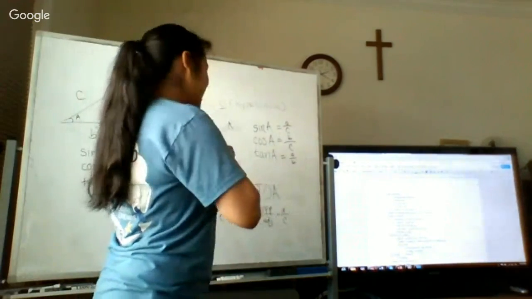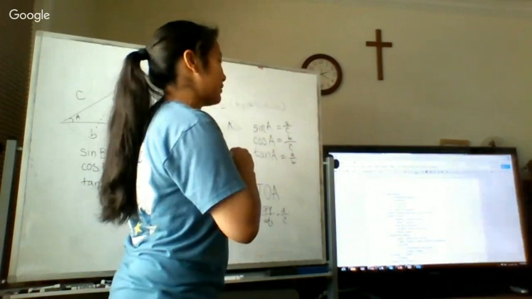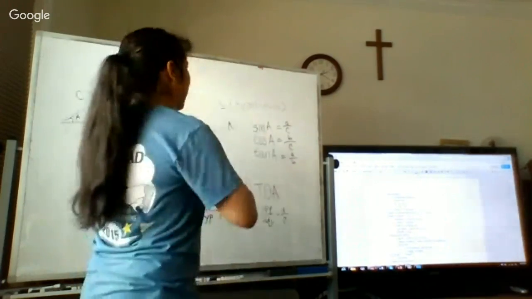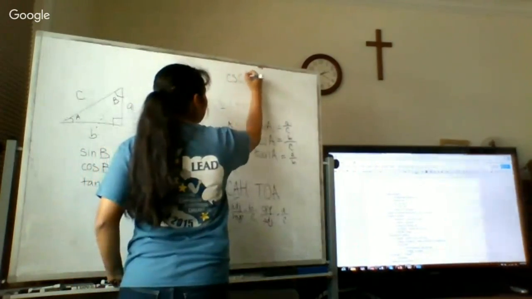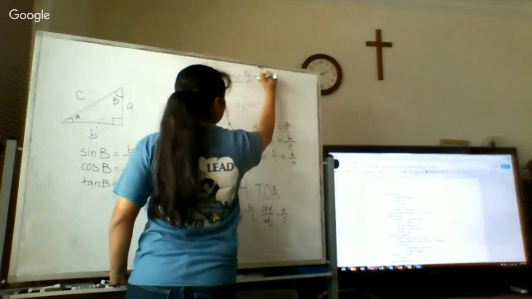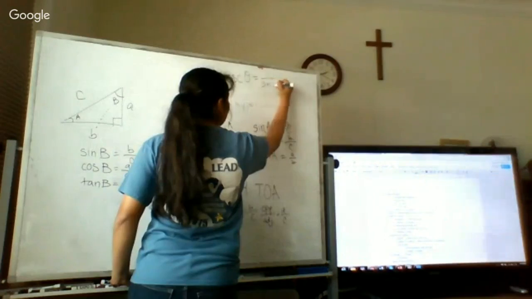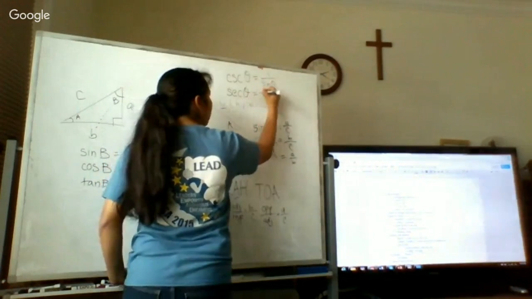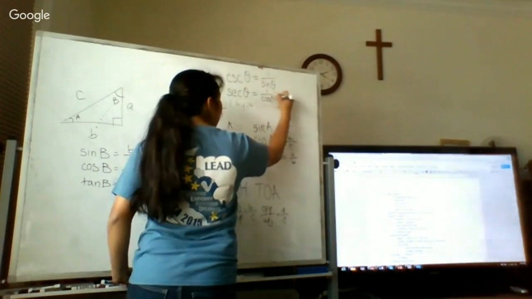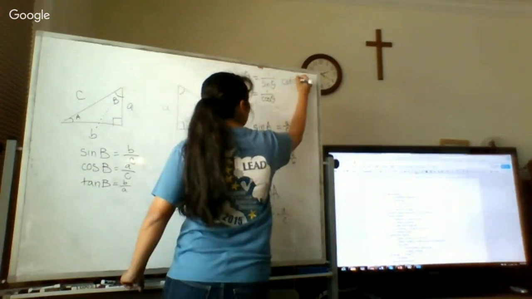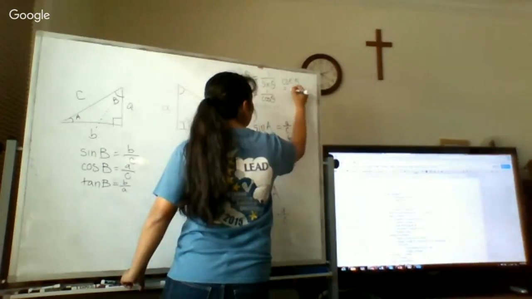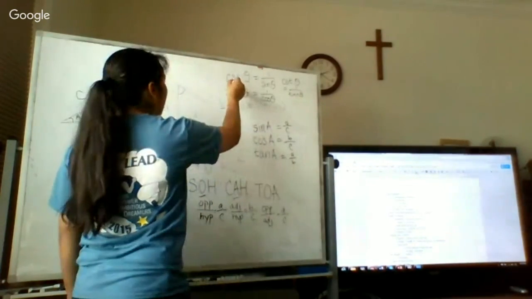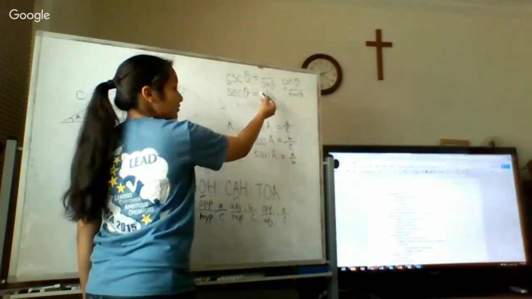Okay. Next, we're gonna go over cosecant, secant, and cotangent. So these are the reciprocals of our basic three. So cosecant theta is equal to 1 over sine. An easy way to remember this is the co always goes with something that doesn't have a co in front of it.